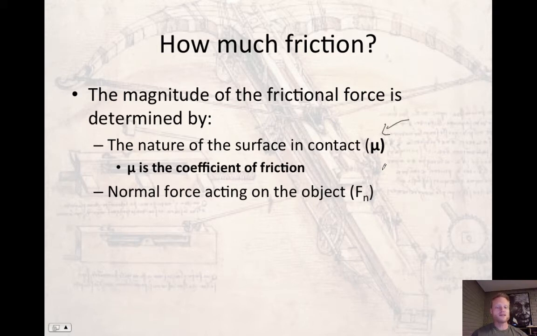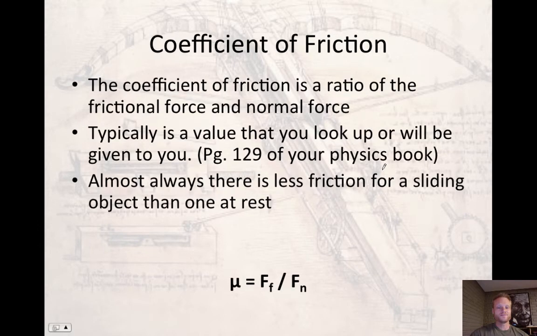The other piece that goes into how much friction is created is the normal force acting on the object. How much is the kitchen floor pushing back on the box, or how much is the table pushing back on the glass you're sliding across the table? So it's a combination of the normal force and the coefficient of friction.